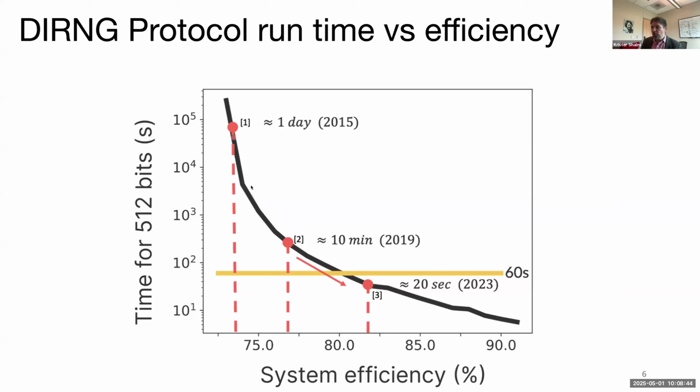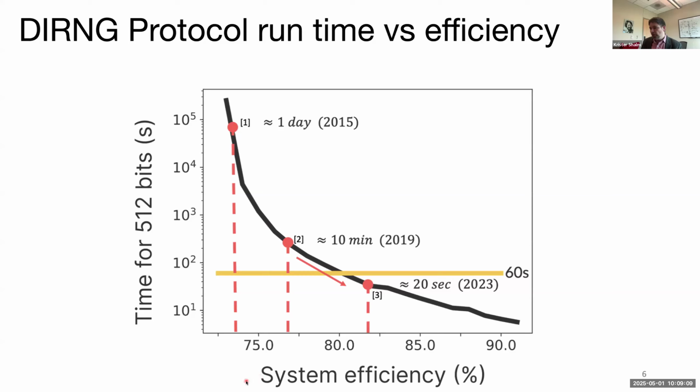We improved by 2% for the next iteration, up to about 76.5%, and that dropped our runtime from 1 day to 10 minutes. In our current experiments over this network, we're now up in the low 82, 83% level of efficiency, and that's already dropped the runtime a further amount, to 20 seconds.